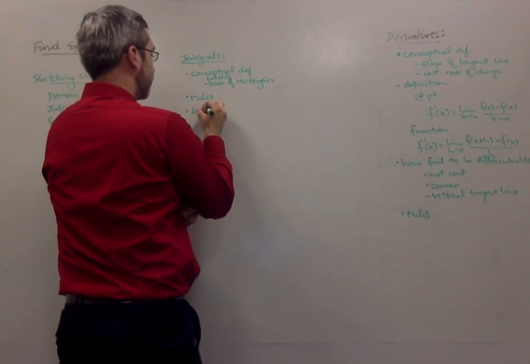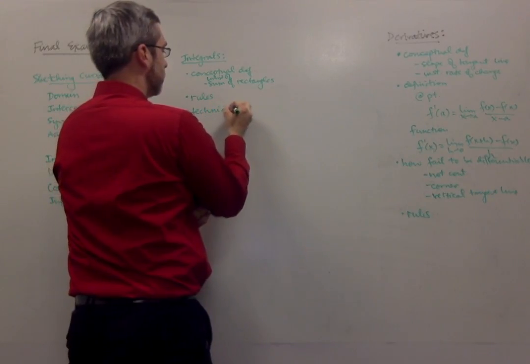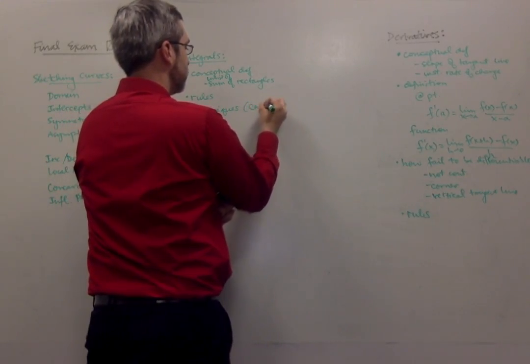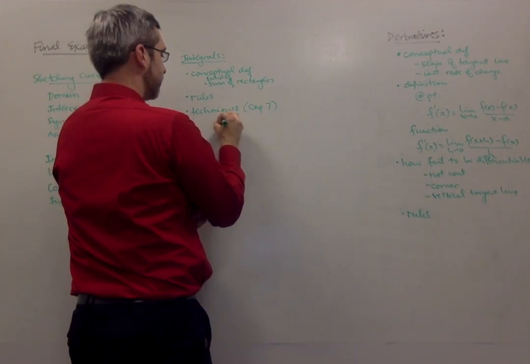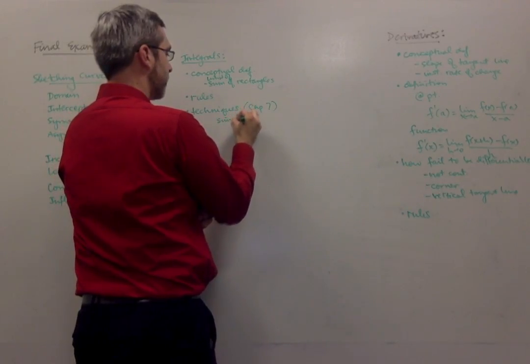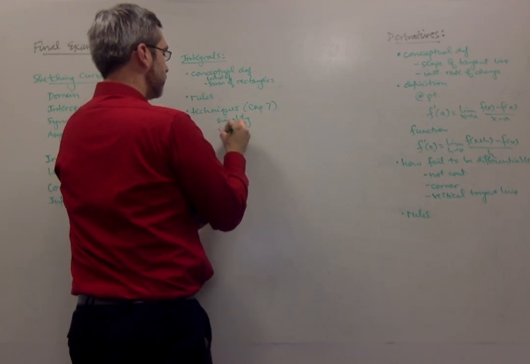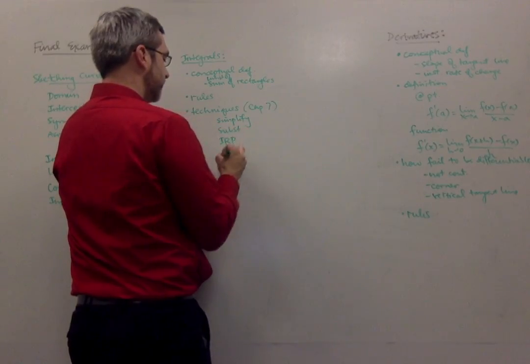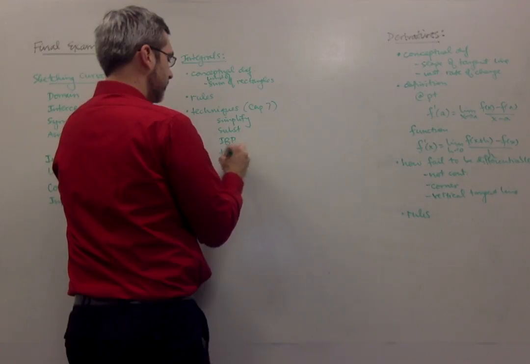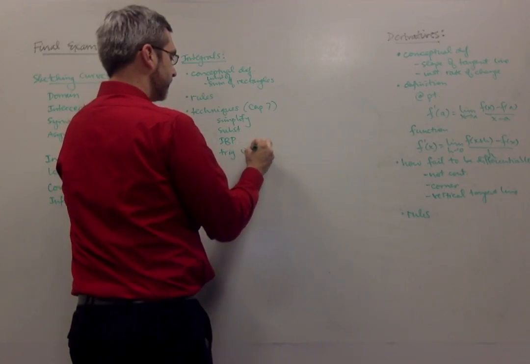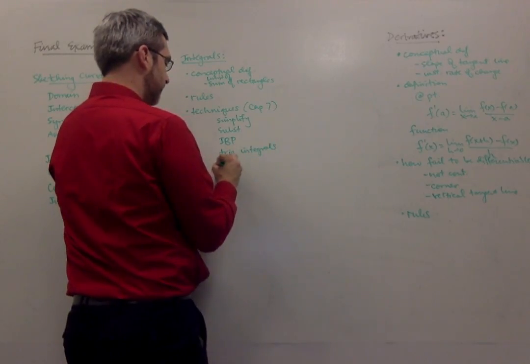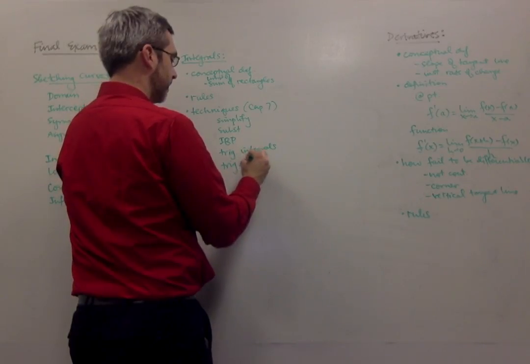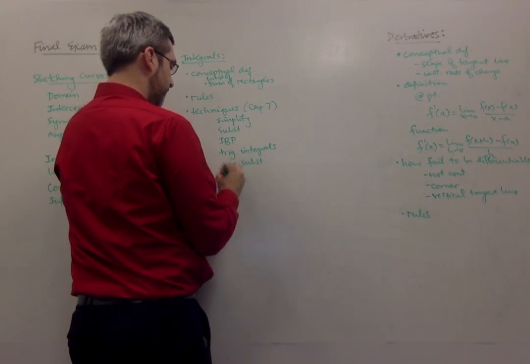And then we had our techniques. This is chapter 7 that we just went over. So those techniques were simplify, substitution, integration by parts, which you should always do last, trig integrals, trig substitution, and partial fractions, right?